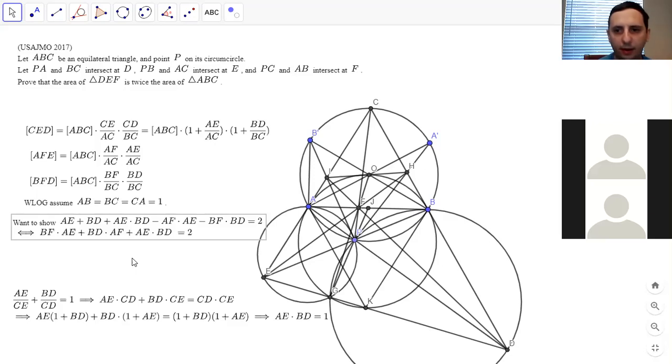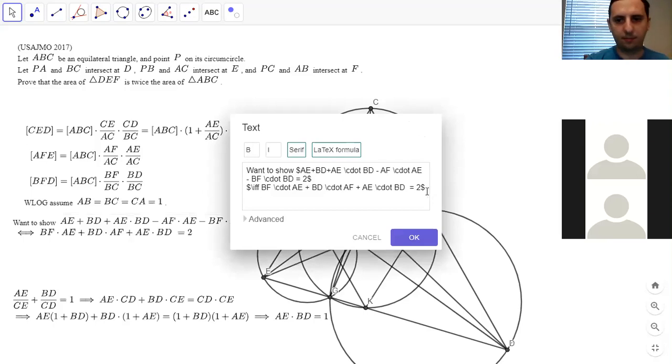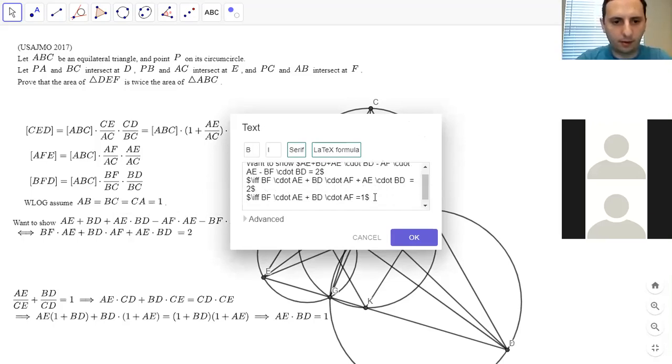I can divide it by AE times BD. So if we take this fact and we use it here, then we want to show that, so I'll try that. So BD times AF equals 1. And then that's true if and only if, you're saying now we want to divide by AE times BD.